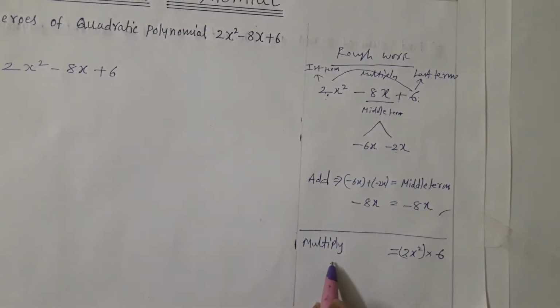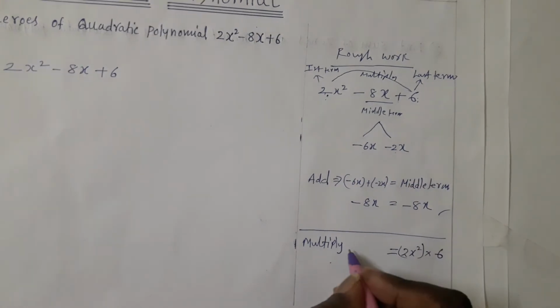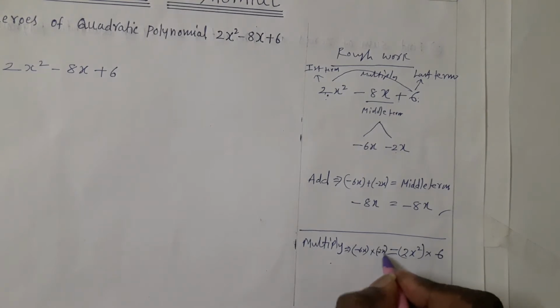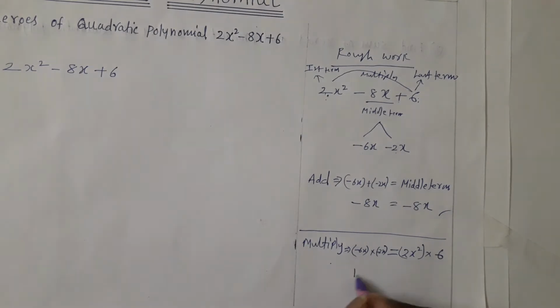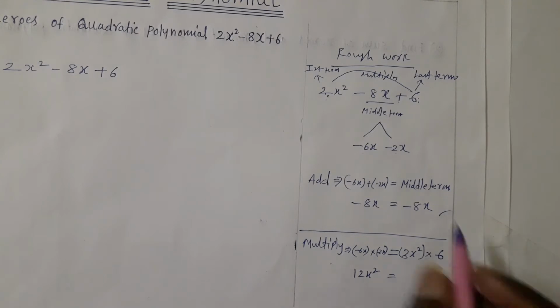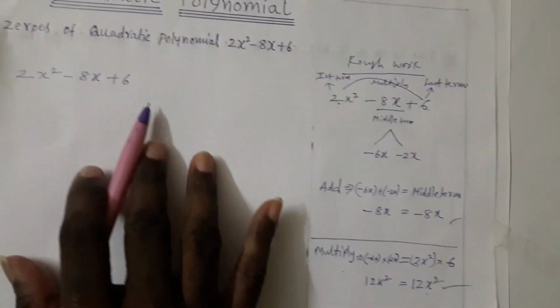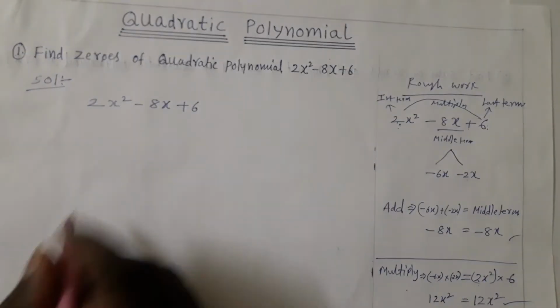And we multiply minus 6x into minus 2x. 6 into 2, 12x square, minus into minus plus, 12x square. First term with last term: 2x square into 6, 12x square. So this is right. This is the logic we are applying in this quadratic polynomial.